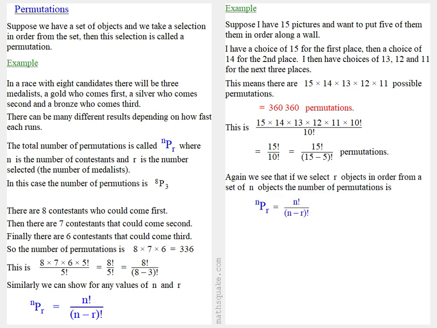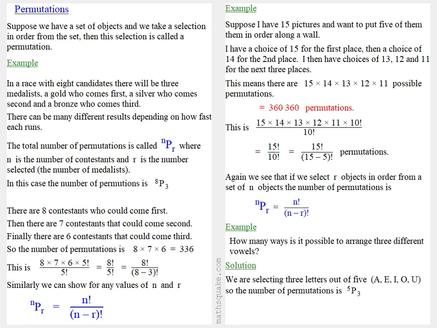Again, we see if we select r objects in order from a set of n objects, the number of permutations is given by nPr equals n factorial over (n minus r) factorial. So let's see in an example how many ways it's possible to arrange 3 different vowels.